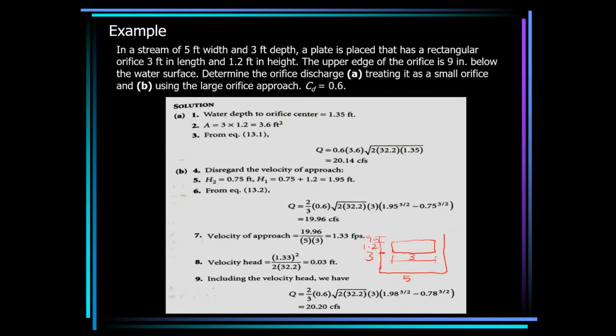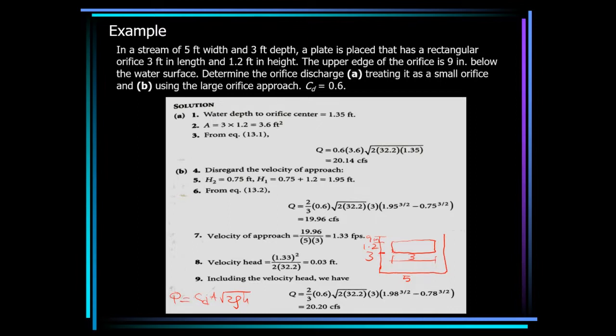So for the first one, to determine the discharge, the discharge is CD A times square root of 2gH. Now let's analyze. What's our H?